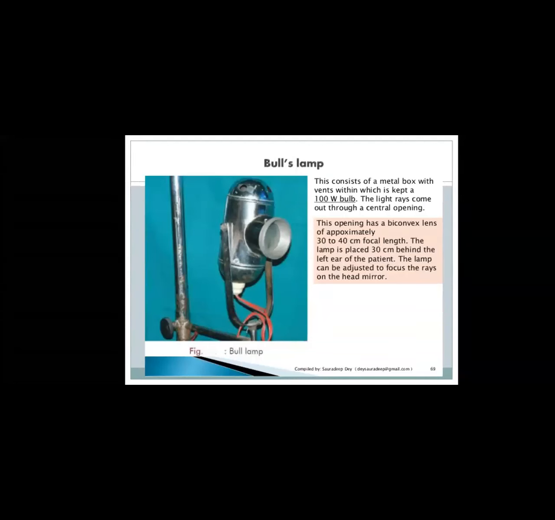You can see a perforation, an opening in the center, inside which you have a bulb. Usually the bulb wattage is fixed; a 100-watt bulb is used here, however dark the room may be.